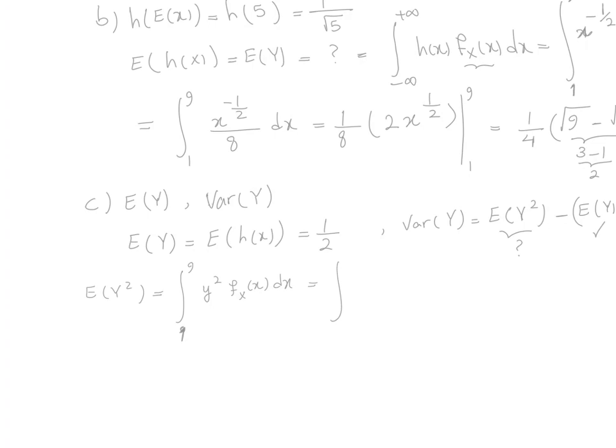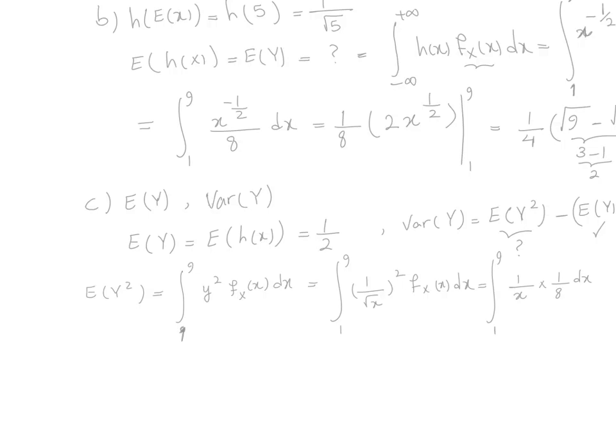We know y is 1 over radical x, and f of x in this interval is 1 over 8, so it's 1 over x times 1 over 8 dx.